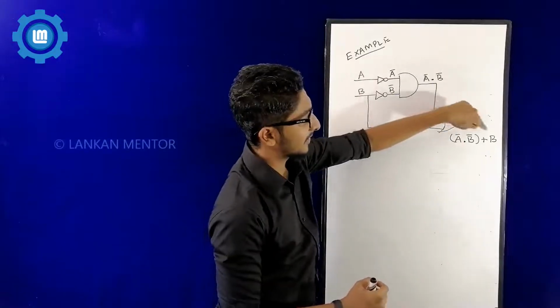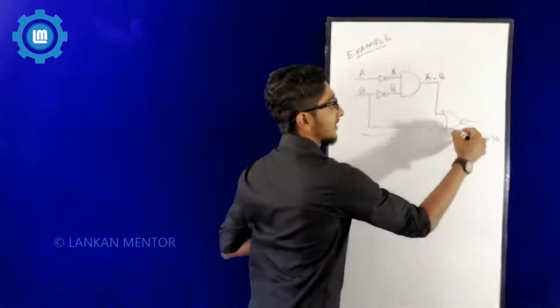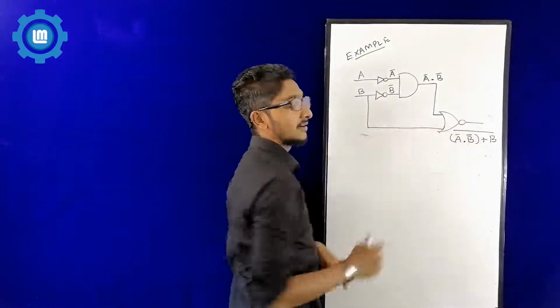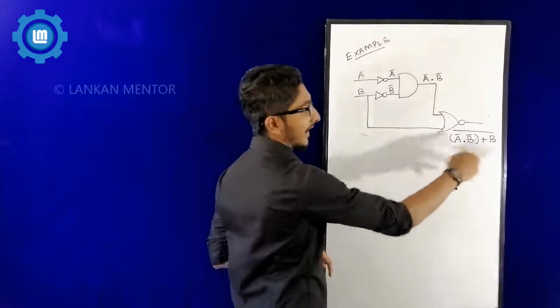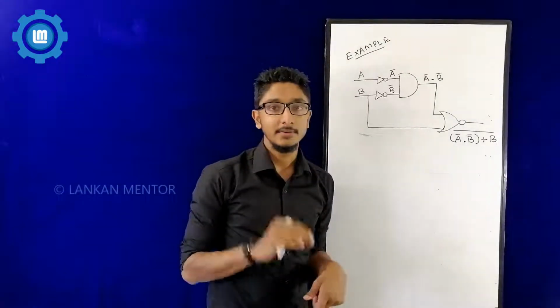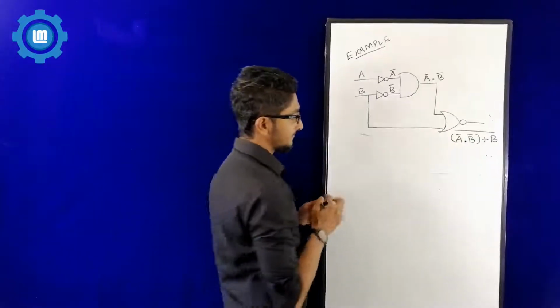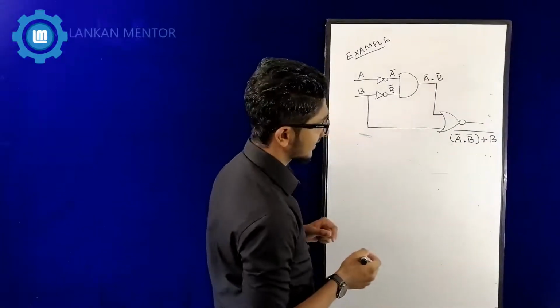So A bar dot B bar plus B the whole bar. Why? There is a NOT gate over there. So you add it and then take the complement. You can put a full bar. Right? Okay. Now we'll draw the truth table.